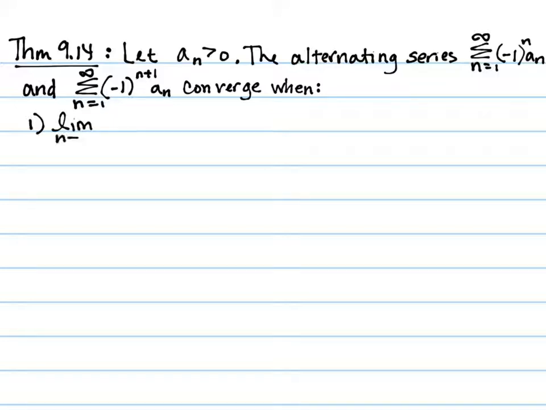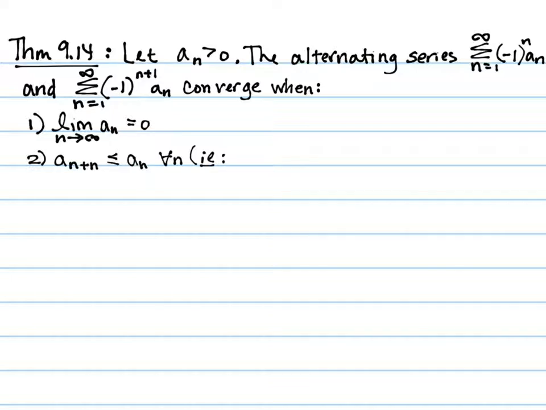The limit as n approaches infinity of a sub n is 0. Now that's really cool because previously, if the terms are positive, that doesn't always suffice, and the harmonic series was a case where we've had that happen, right? The limit is 0, but it doesn't converge. So with an alternating series, the limit being 0 is a sufficient condition when it has one more thing to it. And the second item, and we've seen this one before actually, is that a sub n plus 1 is less than or equal to a sub n for all n.